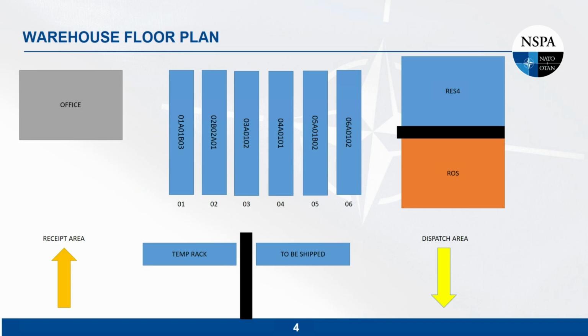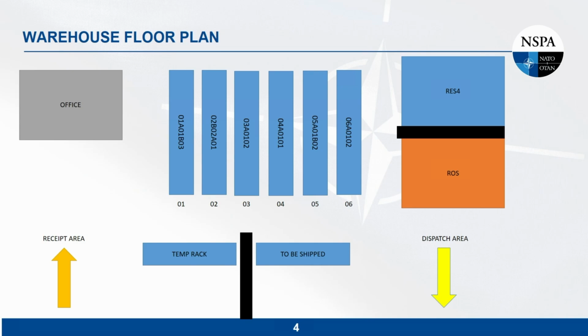Then you have a receipt area, a dispatching area, an area where you are temporarily storing your received items, your received goods, before they actually get a warehouse location. Then I would have a shelf separately for all the items that have to be shipped out. This is the location where you will put them before they are shipped, or before they are going to be picked up.